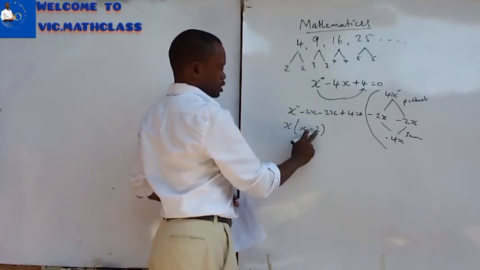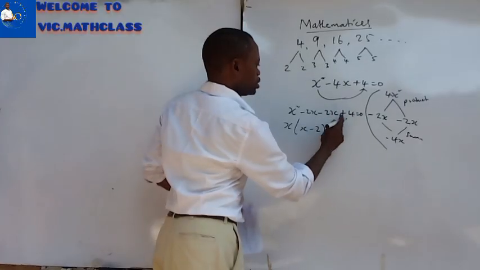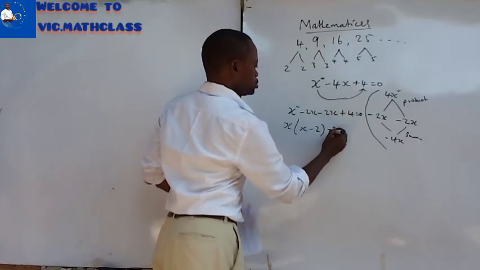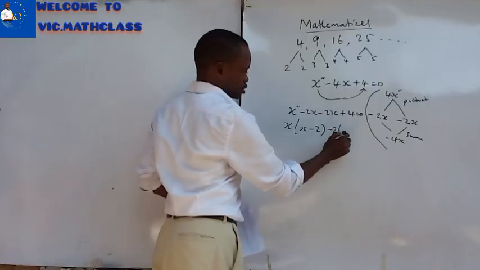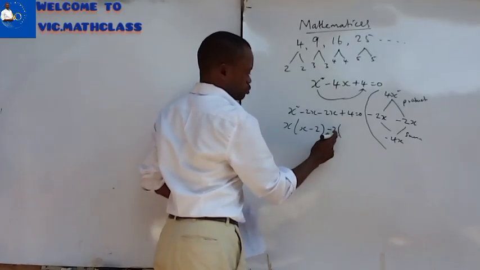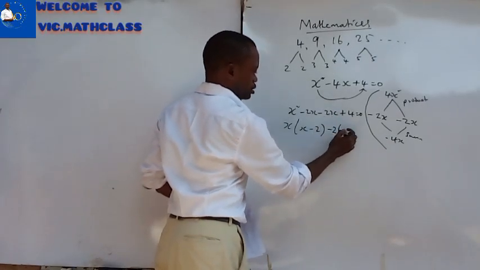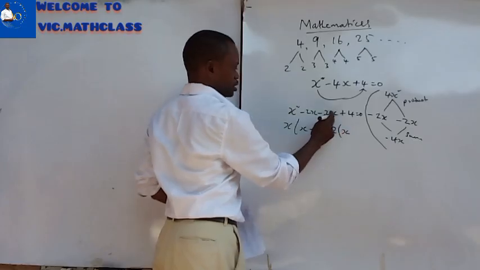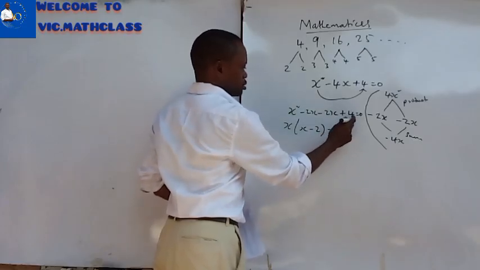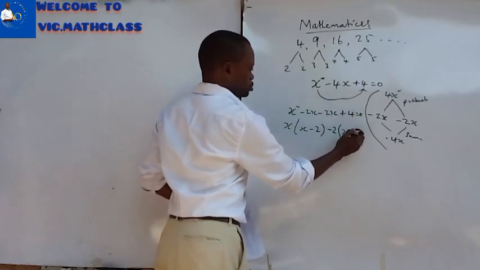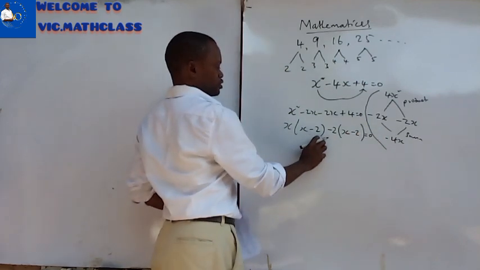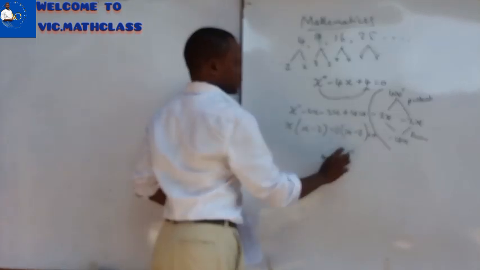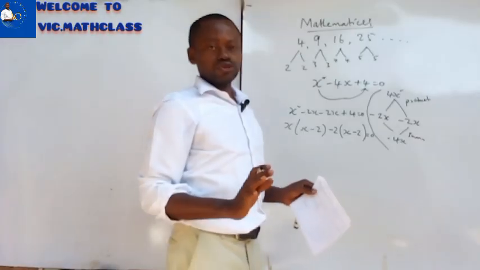Okay, by product again, you have this. So what about within here? I'm seeing minus 2. Obviously, sometimes you take what is here and then begin to guess what you are going to multiply it with to return back here. I think that should be x that will return us back here. And then this, what will return us back here will be minus 2. Okay? You realize that what we have in this bracket is what we have in this bracket. So I think that satisfies the situation.